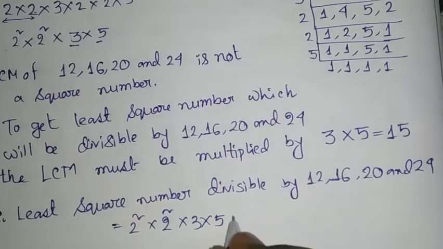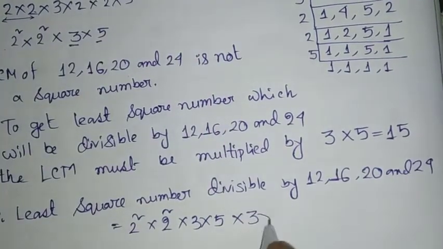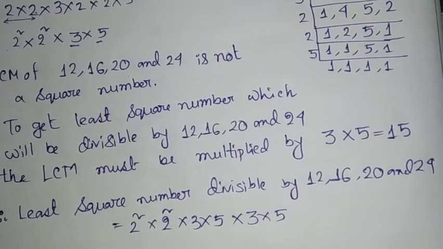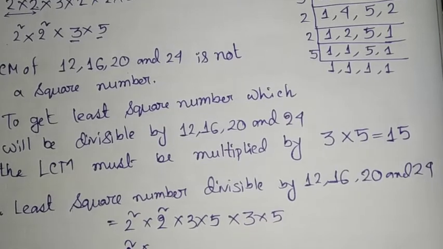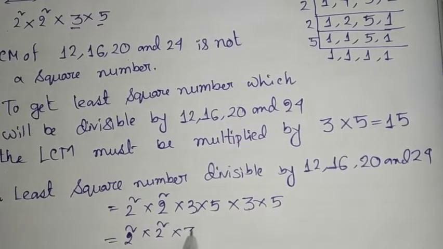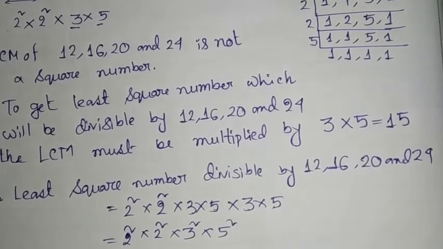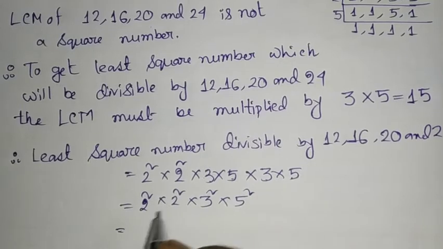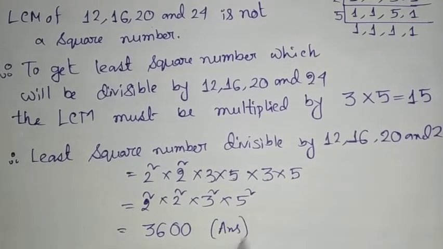Now we need to multiply this total number with 15, or we can write 3 into 5. So we can write 2 square into 2 square into 3 square into 5 square. Now multiply this. Yes, the answer will be 3600. So this is the required answer.